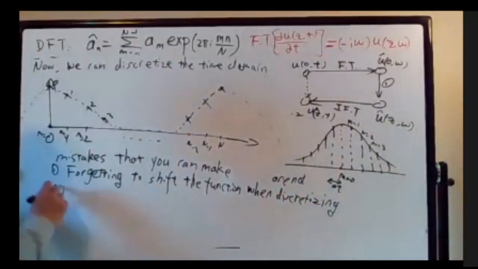Second one is, when you shift, pay attention: shifting the function so that it is symmetric between 0 and N minus 1, right?